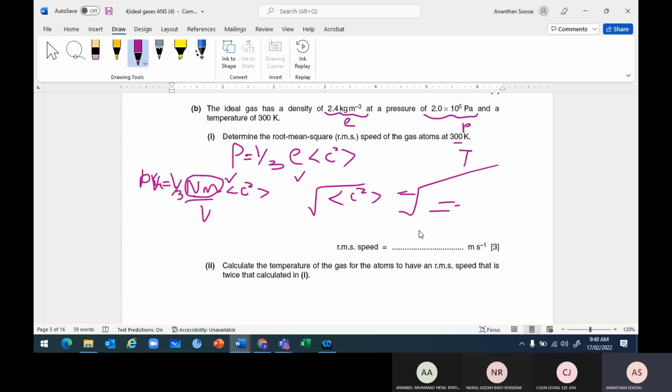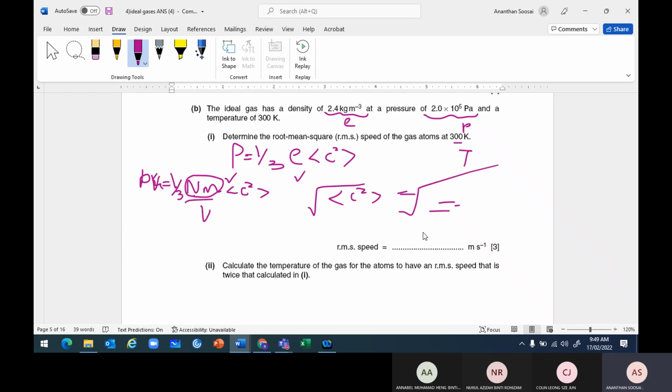Calculate the temperature of the gas for the atoms to have an RMS speed that is twice that calculated in one. This is interesting.